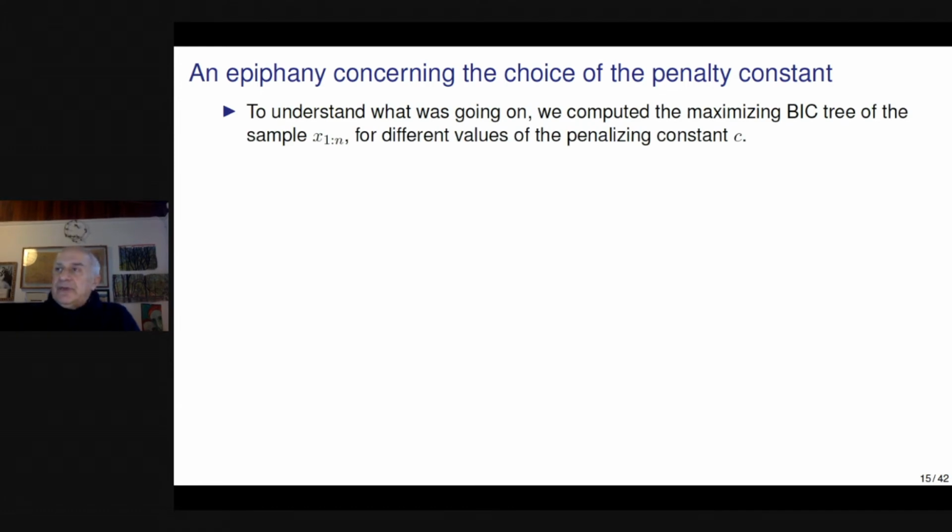We want to understand the influence of the penalizing constant on the BIC balance and on the choice of the tree which maximizes the balance with this value of C. So we decided to compute the maximized BIC tree for different values of the penalizing constant.